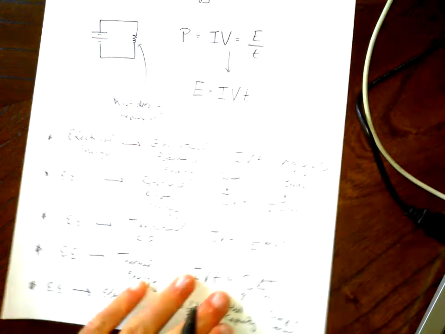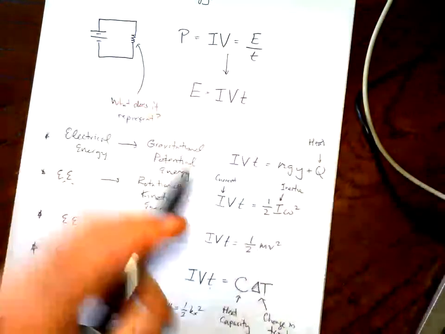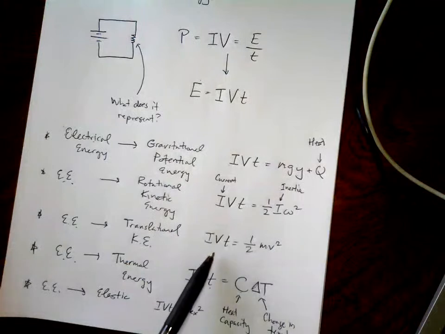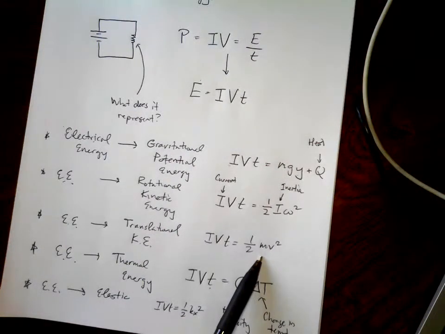I'm denoting heat by Q. So all of these are not 100% efficient processes. Some of the electrical energy goes where you want it to go, and some of it becomes heat.